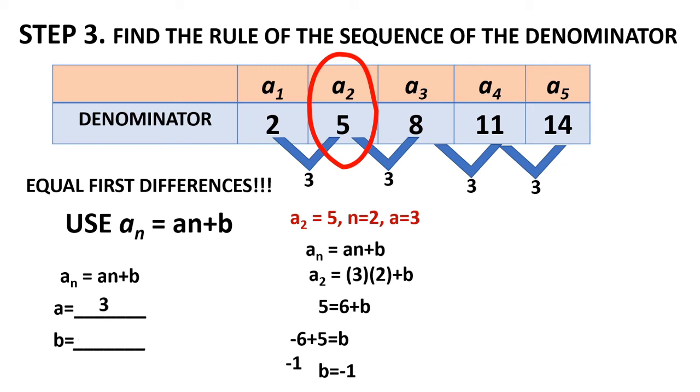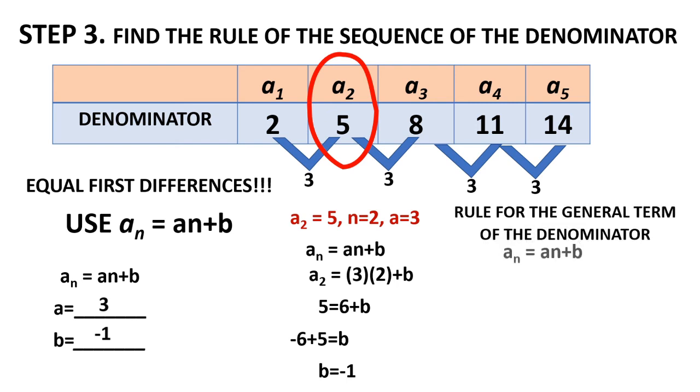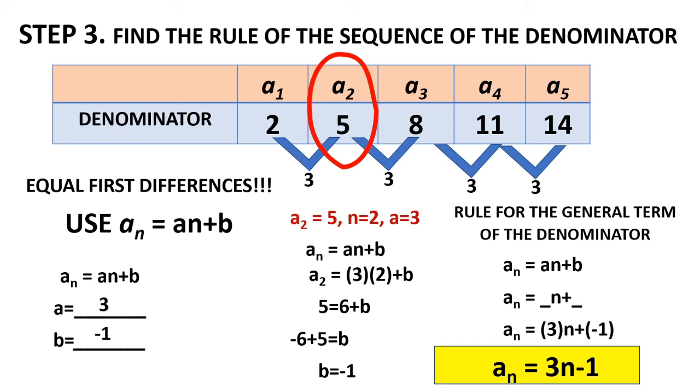So ang value ni b ngayon ay negative 1. And since given na ang value ni a at saka ni b, we can now get the rule of the general term of the denominator. Using the rule a sub n is equal to an plus b, and substituting the value of a and b, we got the general rule as a sub n is equal to 3n minus 1.